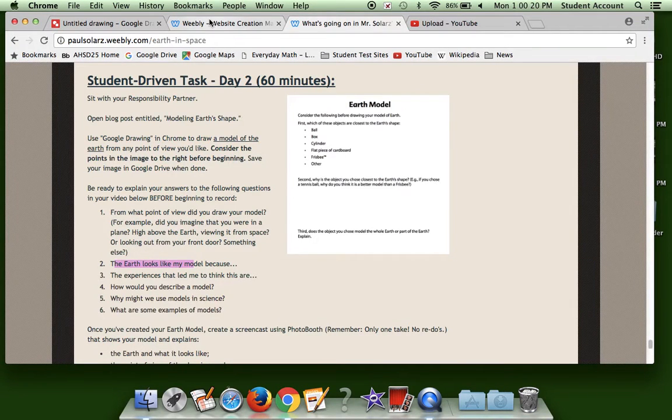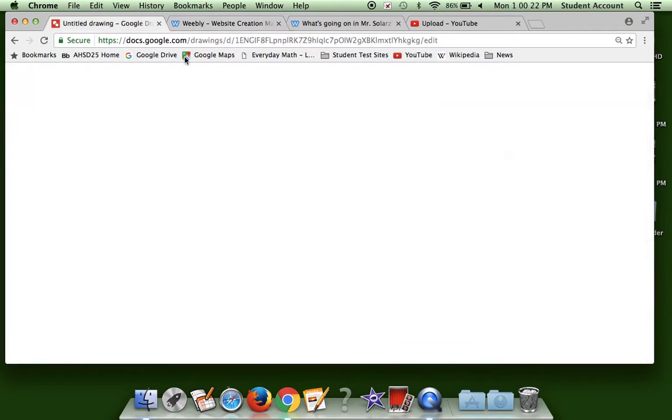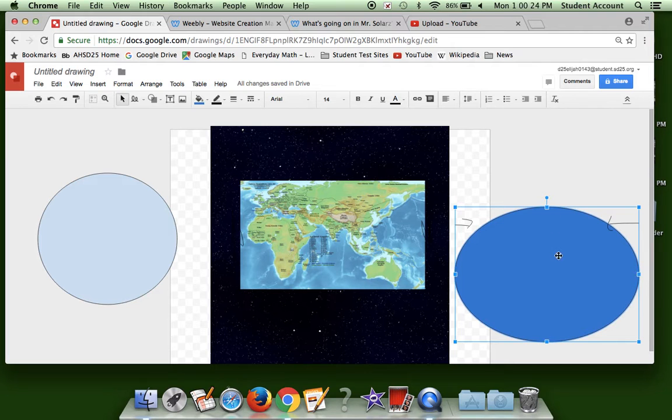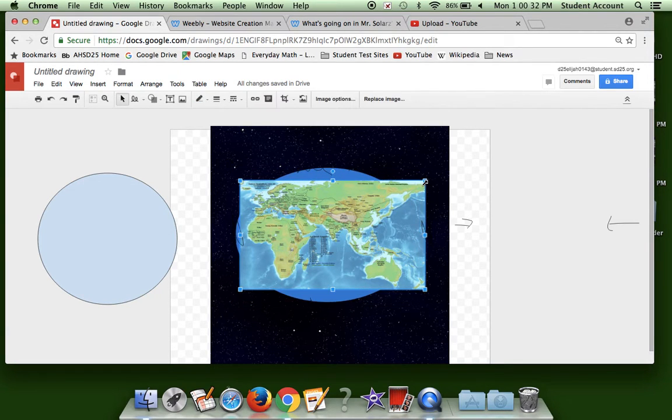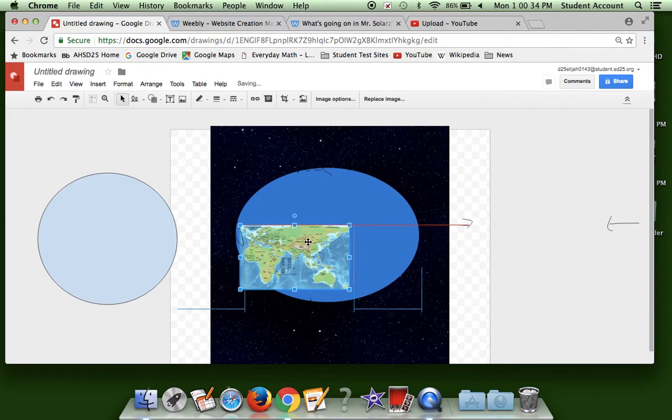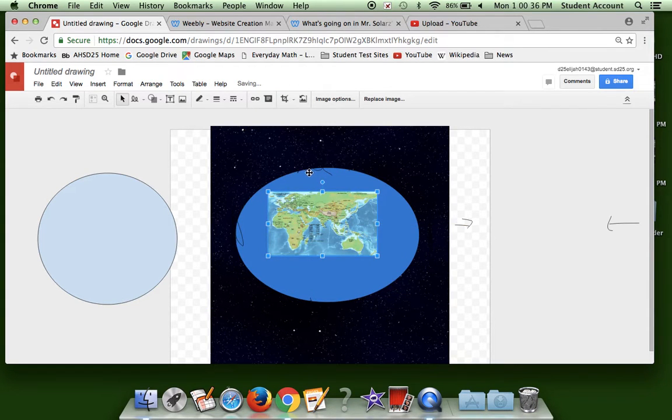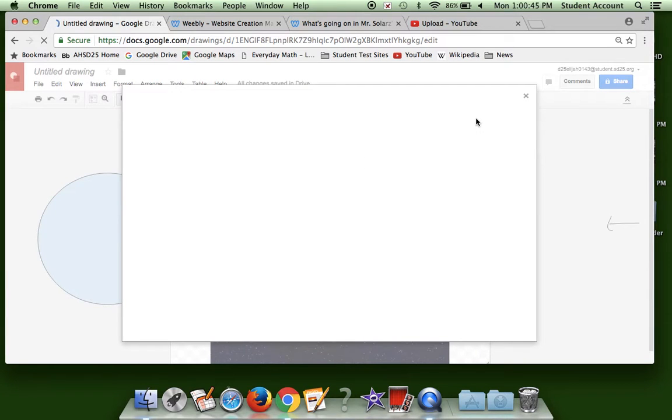So, I describe my model as showing the true shape of the Earth because a lot of people think that it's a perfect round circle. And also another thing that would make it not a perfect circle is this.